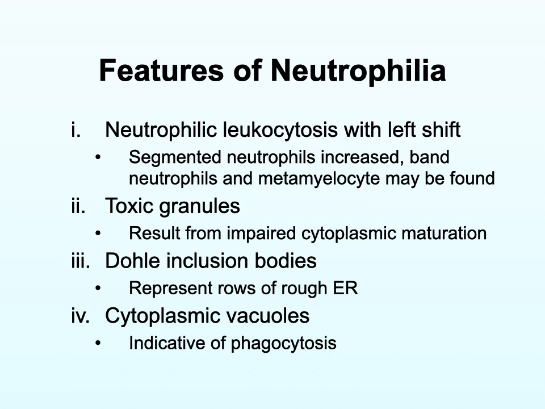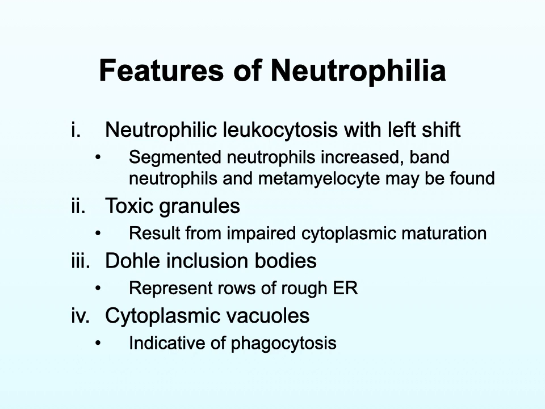Other features of reactive neutrophilia may include, number one, a shift to the left in the peripheral blood differential white counts, which is an increase in the number of band neutrophils and occasional presence of more primitive cells such as metamyelocytes and myelocytes. A left shift is usually, but not always, accompanied by toxic change in neutrophils.